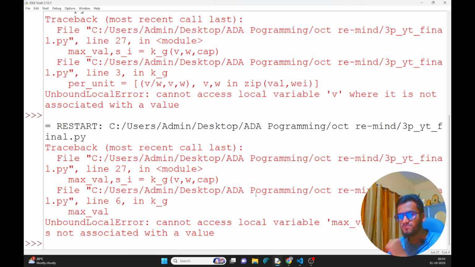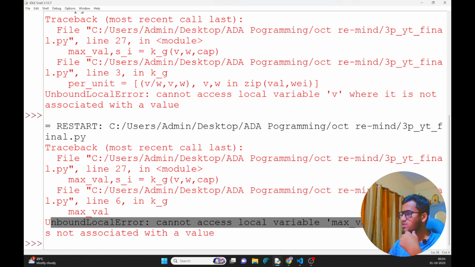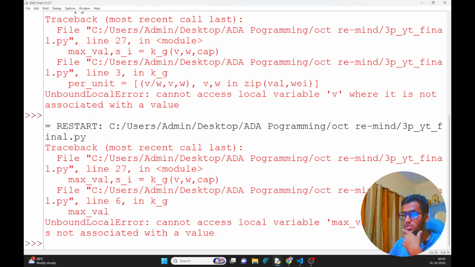Let's solve the next error. The next error is maximum value: unbound error, cannot access the local variable maximum value where it is not associated with a value. Okay, line number 6.